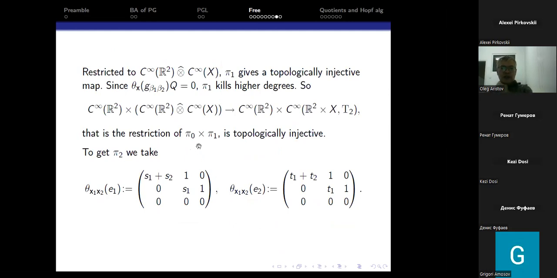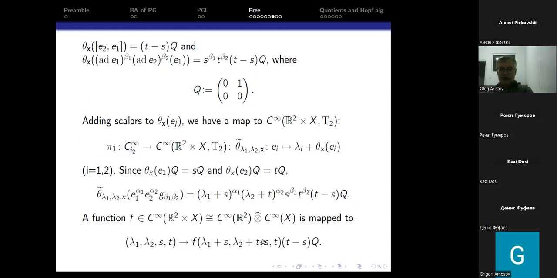And so if we restrict this map to the product of S infinity of R2 and S infinity of X, we have a topologically injective map. Why? If we make a change of variables like this, of course, we have just an isomorphism of S infinity. And also, this map is injective.